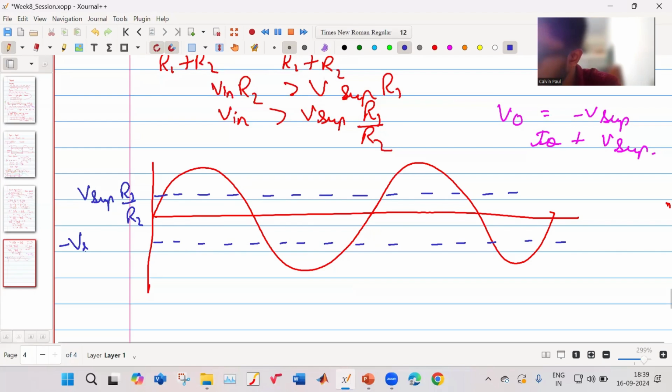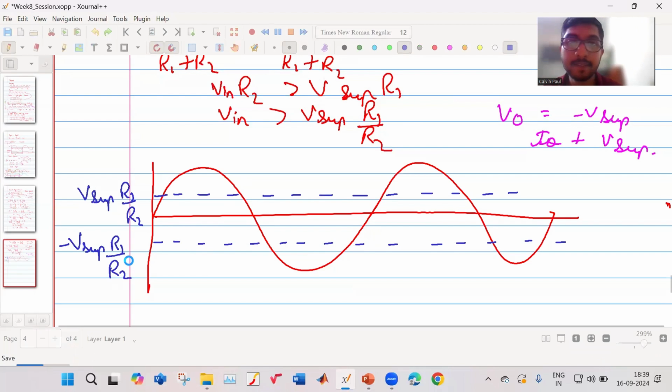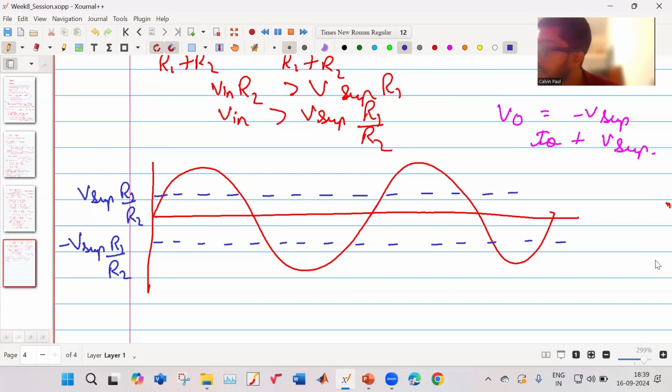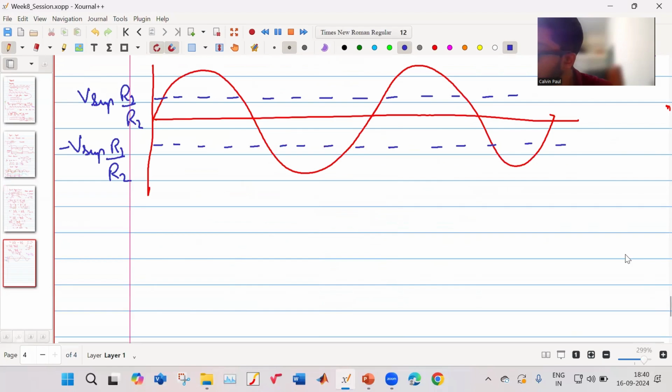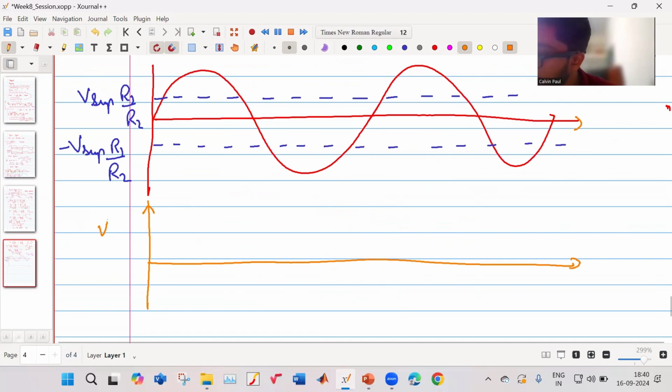And this is my minus V supply into R1 by R2. Okay. So what do we know? And what will be my V output? This should be my V output.